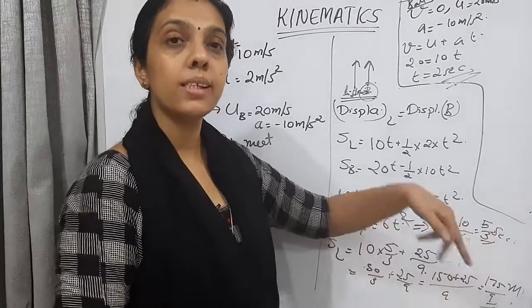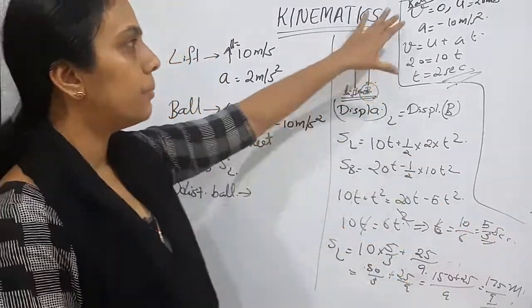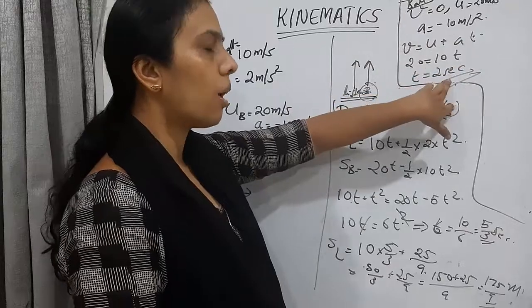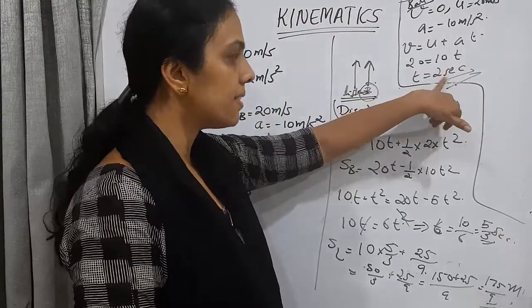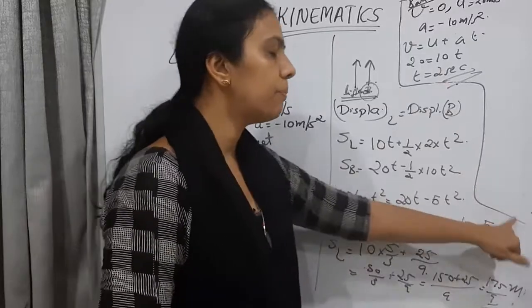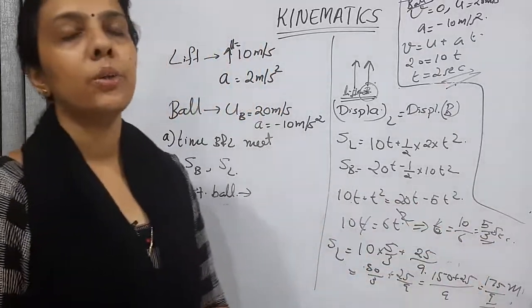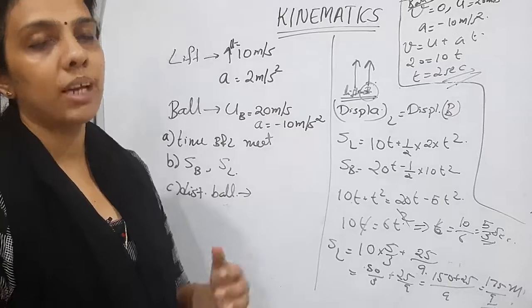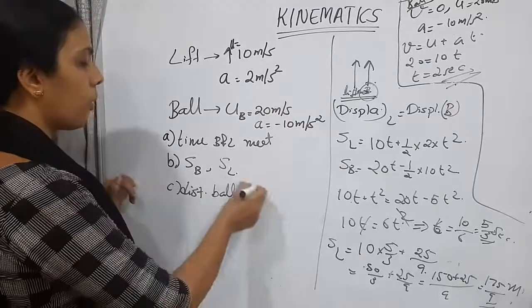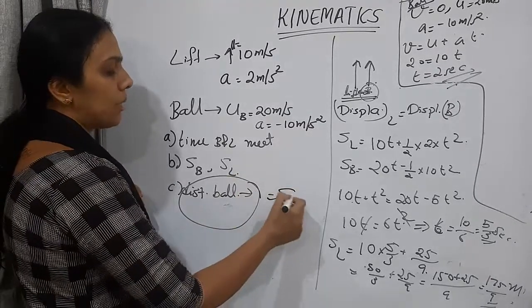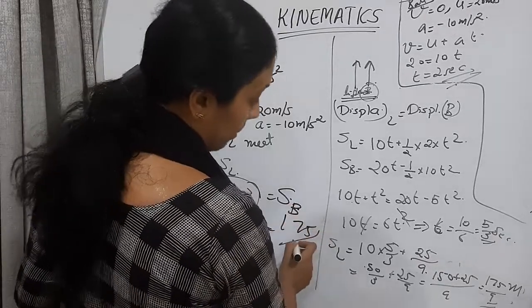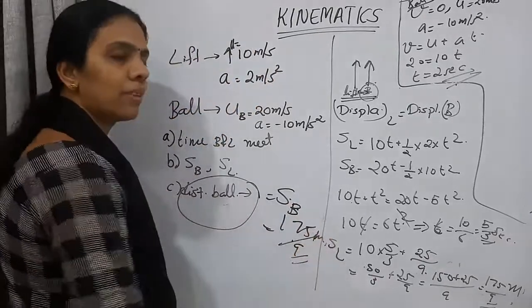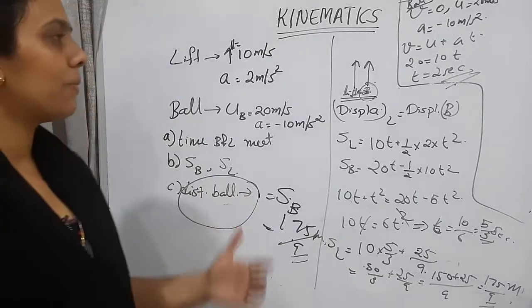After 5 by 3 seconds, both are meeting each other, and the time required for upward motion to the maximum height is 2 seconds. Since this is more than the time they are meeting, it is during the upward motion only. That is why the distance of the ball will be equal to the displacement of the ball, which will be equal to 175 divided by 9 meters. Okay, clear? So this is how we will be solving.